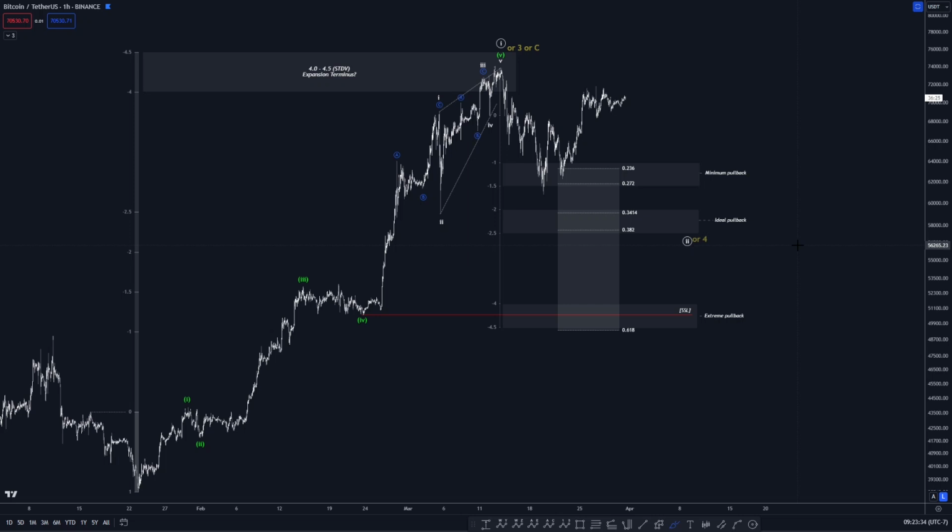For right now, the greatest observation that we have to observe is going to be structure and price. What I mean by that is there's a lot of different variations here that we can observe.